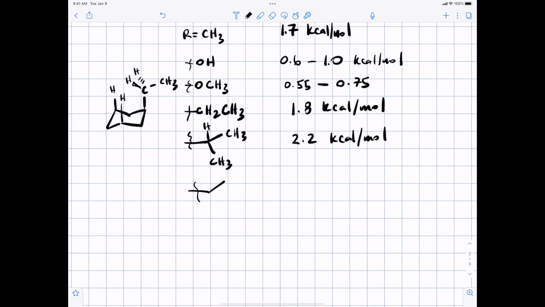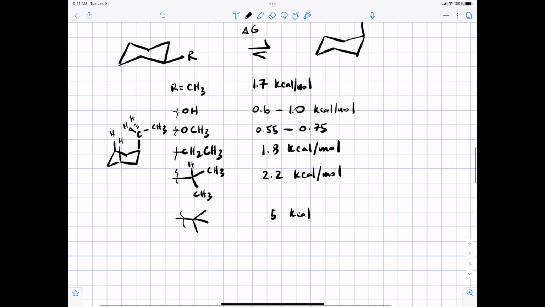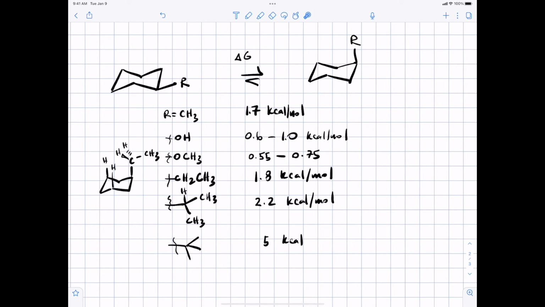The t-butyl group famously has a delta G of around 5 kilocalories per mole, so that the conformation is basically inaccessible.